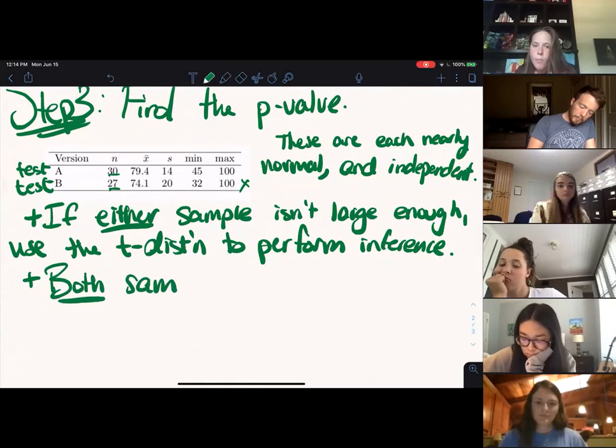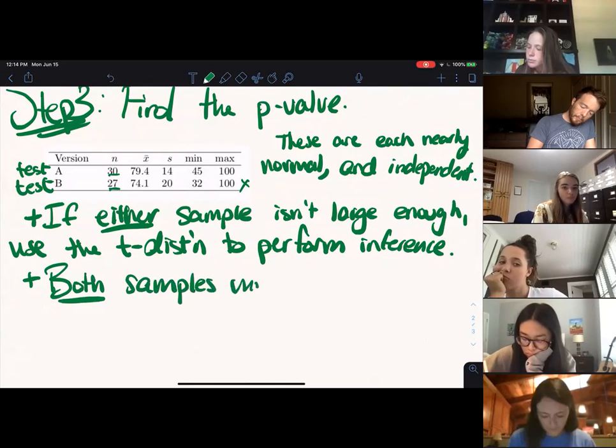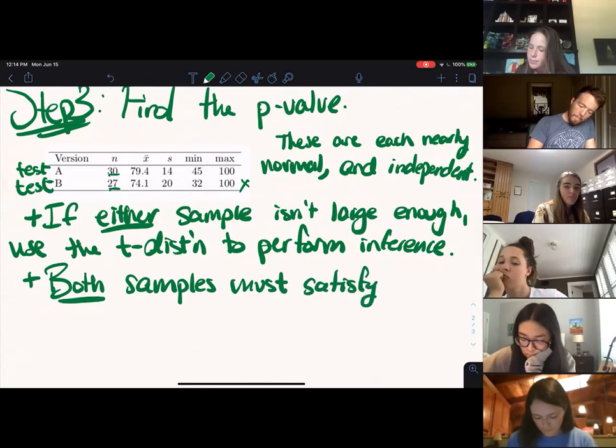Both samples must satisfy the conditions for the t.